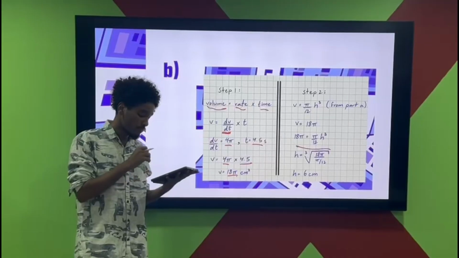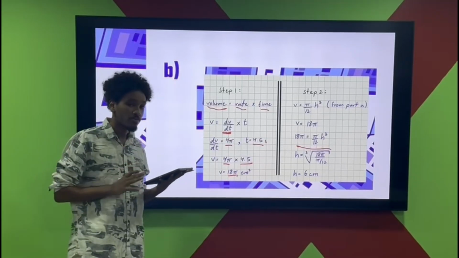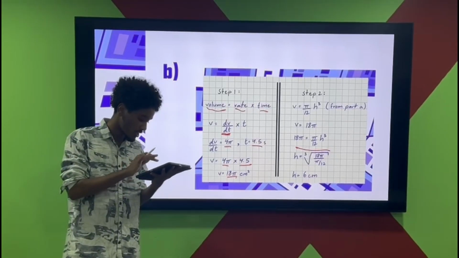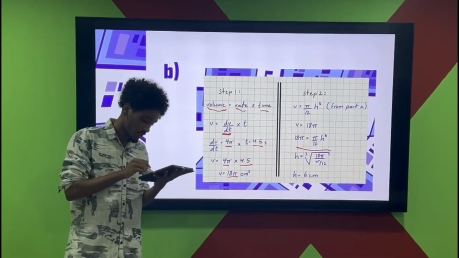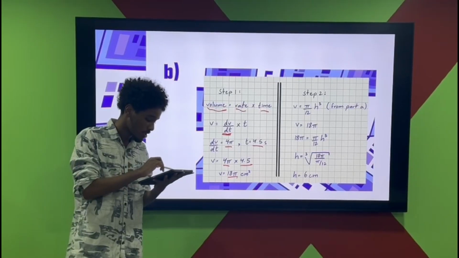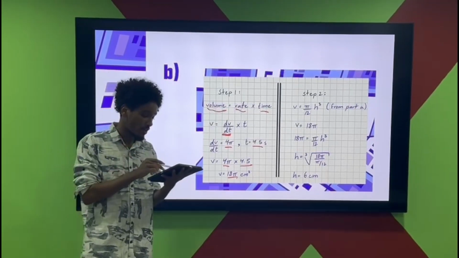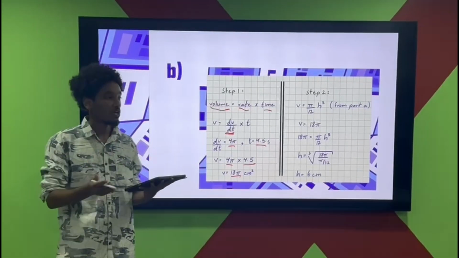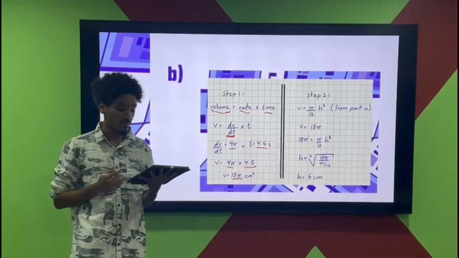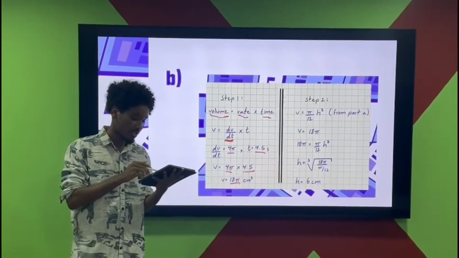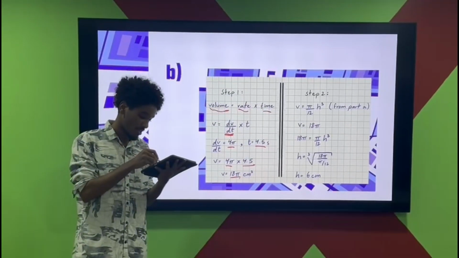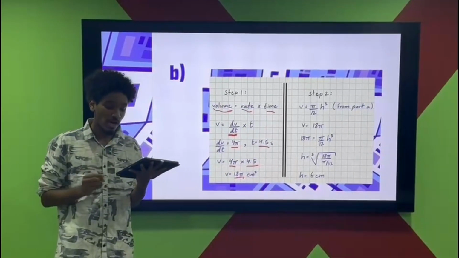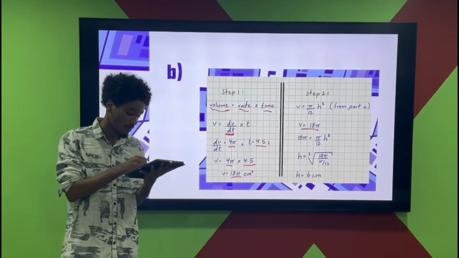Okay. So now, step 2. Sorry, I accidentally wrote the line. In step 2, V is equal to pi over 12 h cubed, which we got from part A, if you can recall that, which you should. So we found that V is equal to 18 pi, as you can see here, from step 1.